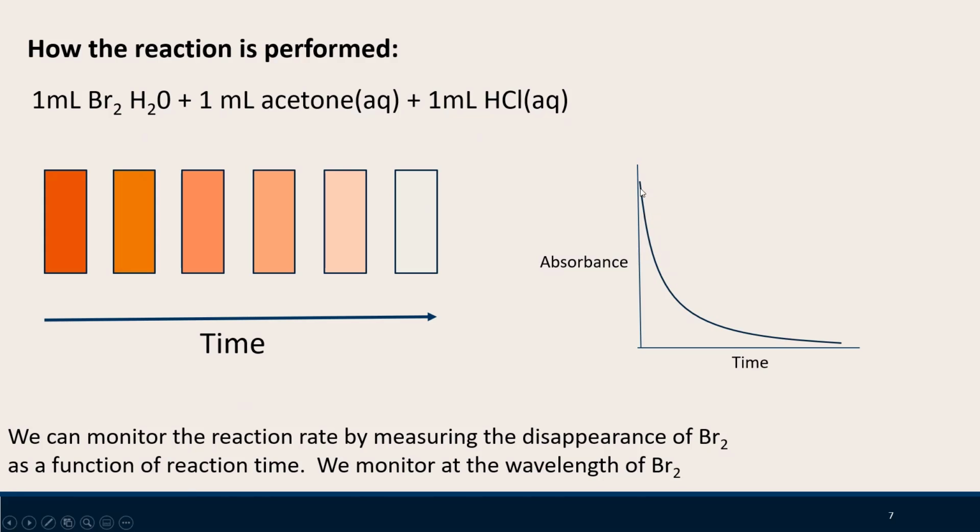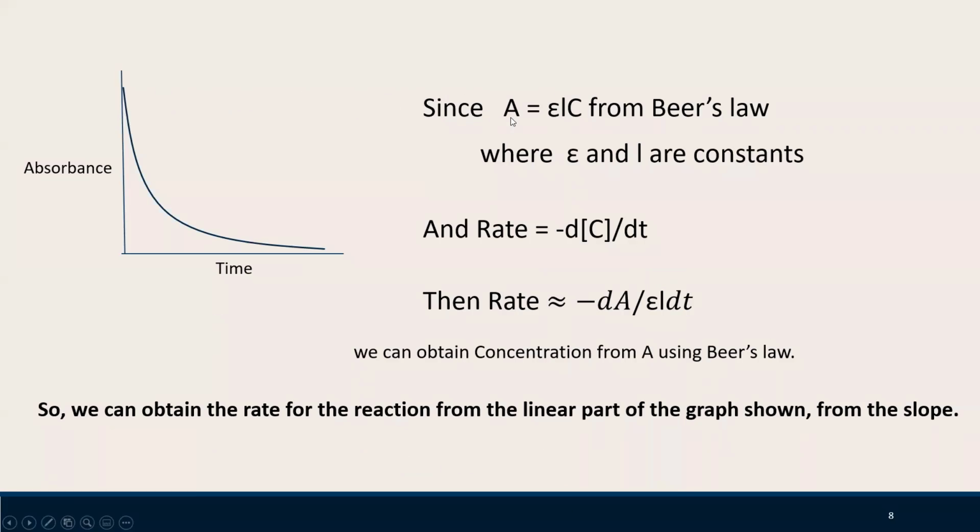And then if we just look at the linear part, we should be able to calculate the concentration gradient over time. Based on Beer's law, the absorbance equals epsilon times L times C. The epsilon and L are constants. L is the light path, that's 1 centimeter, and the epsilon value is provided on Canvas.